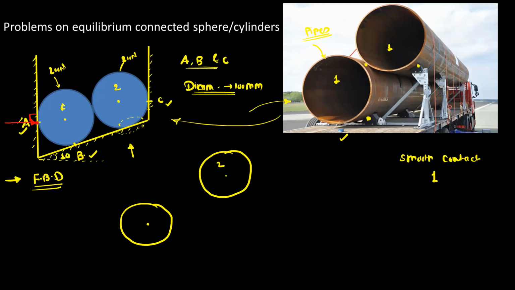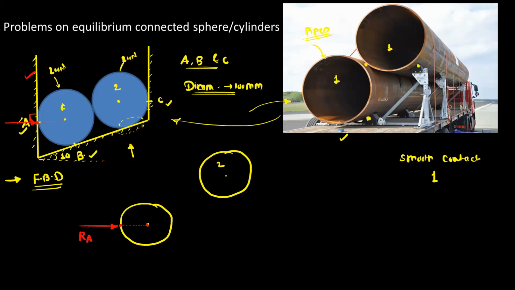Okay, and as this is perpendicular, it will pass through the center of that sphere. So we can show that reaction at this point. So as this surface is exactly vertical, this reaction will be exactly horizontal, and it will pass through the center point. Okay, so this dotted line, it is basically the line of action of this vector. Okay, so take this reaction as Ra.